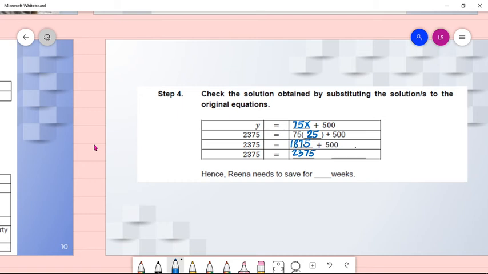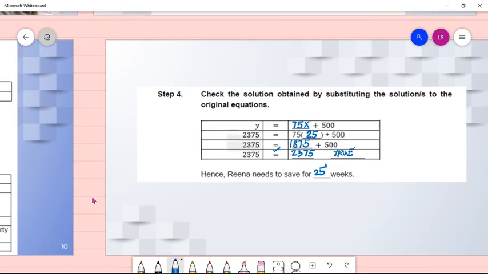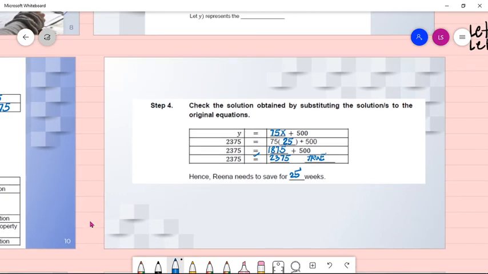Because they are equal, this side is also 2,375. So check, this is true. Hence, Rina needs to save for 25 weeks. So that is the answer for Activity number 1.